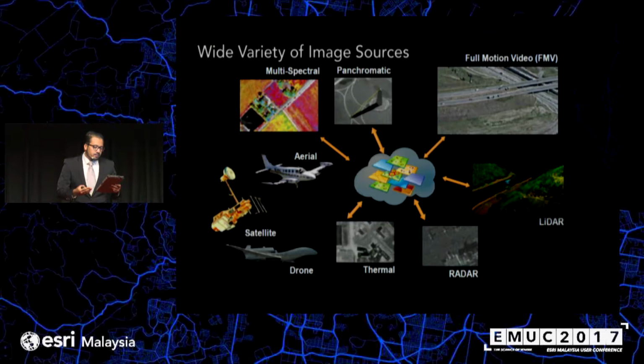The ArcGIS platform supports a very wide range of datasets, from multispectral to panchromatic. Full motion video, FMV, is used in the military and also in public safety. The ArcGIS platform also supports LiDAR, and most recently, drone imagery.